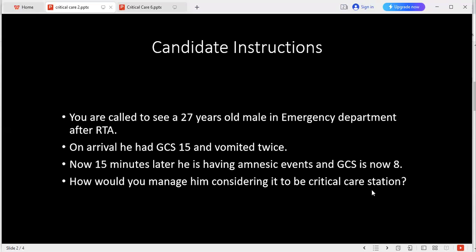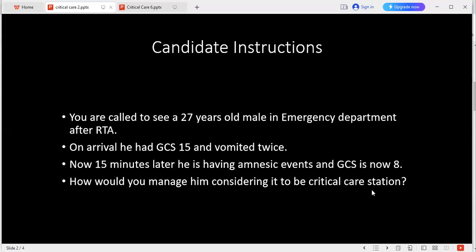Then what would you do? In this patient, I'll manage first of all by increasing the venous drainage of the patient by elevating the head by 30 degrees, then maintaining the head in a neutral position, and then reducing the cerebral edema by giving mannitol, which is an osmotic diuretic.